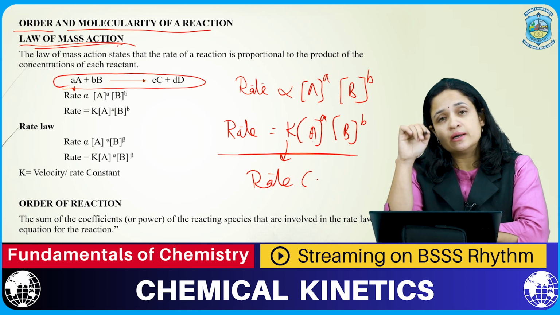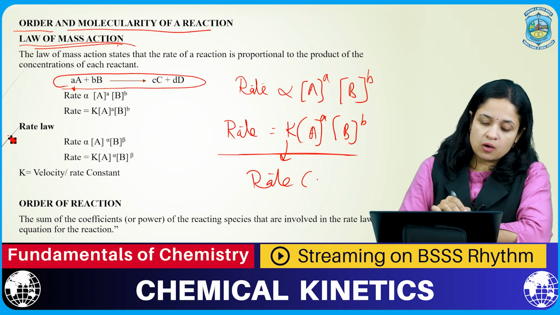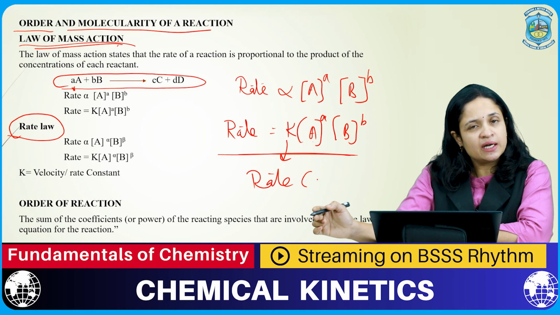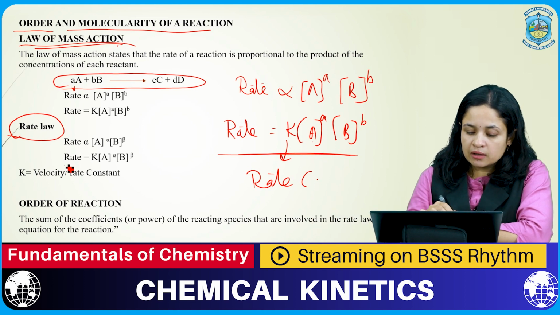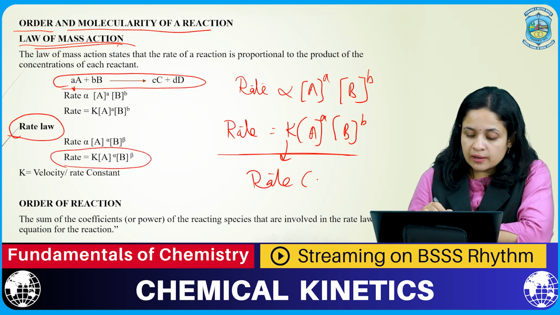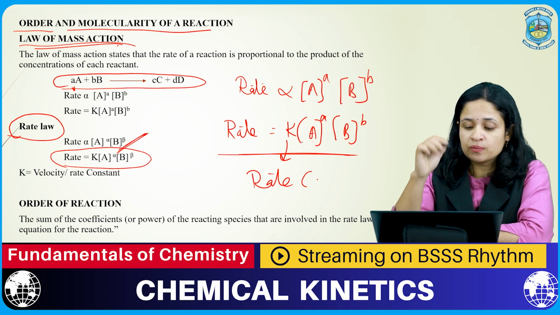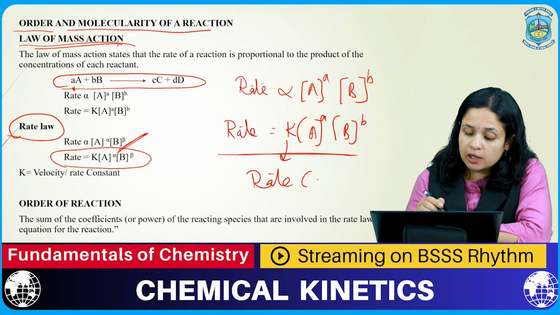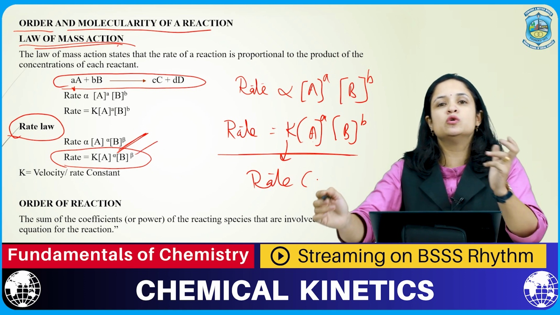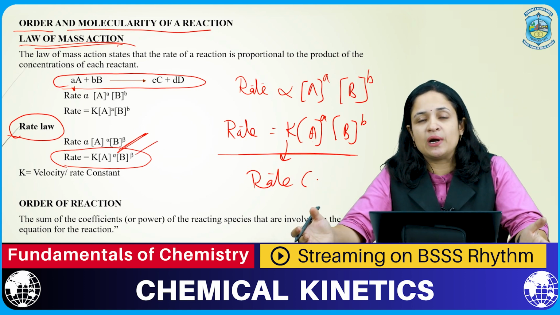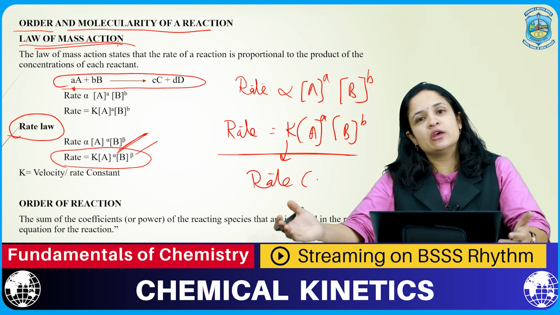But there was another proposed theory, the rate law. The rate law states that in writing the rate of a reaction, the power we write is not necessarily the stoichiometry. It will be raised to the power of those moles of reactants which are actually participating, or actually colliding to give products.